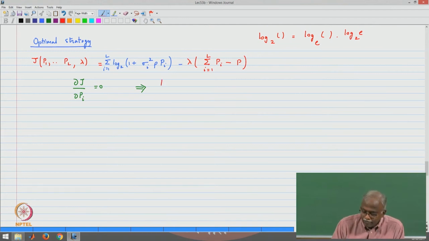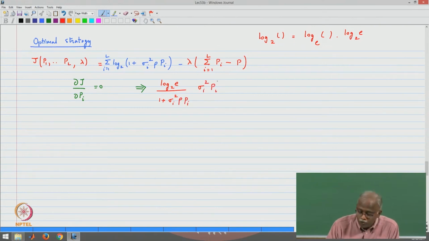So, this will give me log E base 2, that is a constant, and when I differentiate the natural logarithm of 1 plus sigma I squared rho Pi, then I get 1 plus sigma I squared rho Pi in the denominator, and in the numerator sigma I squared times rho.